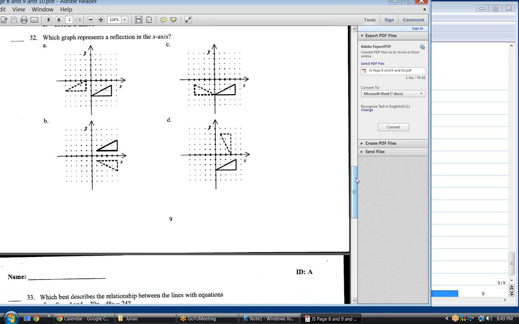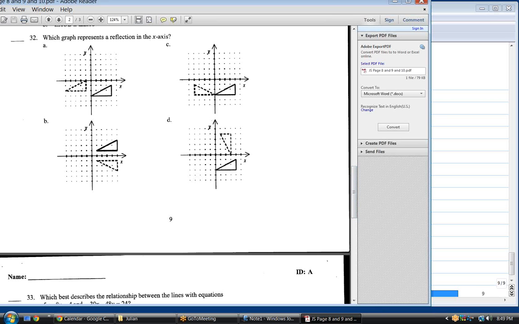Which graph represents a reflection over the x-axis? B. Good. Which graph is a reflection over the y-axis? C. Okay. What's this called?